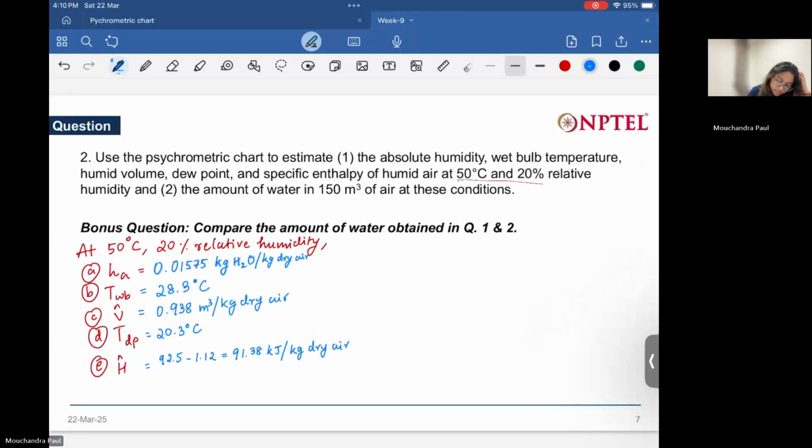So then what is the amount of water for the same volume? 150 meter cube. Then we divide it by humid volume that we got.